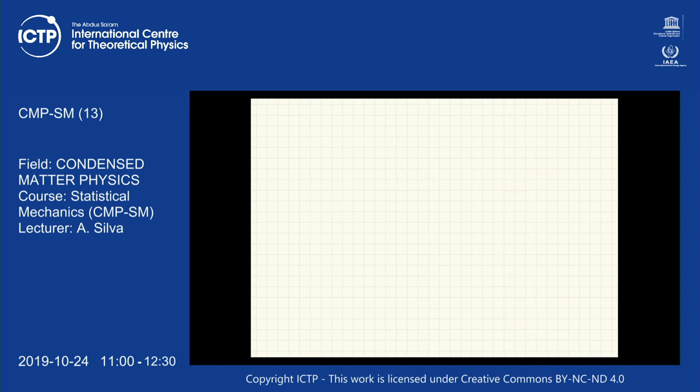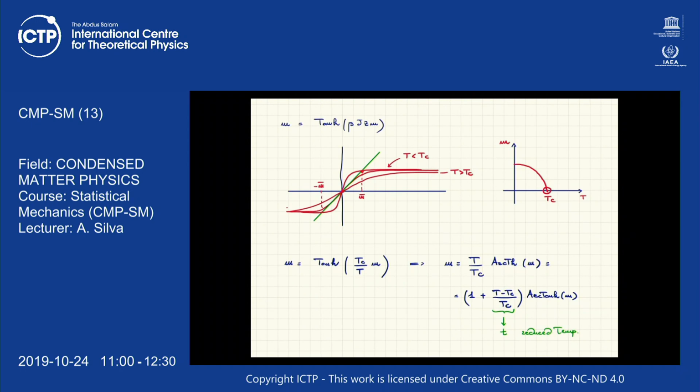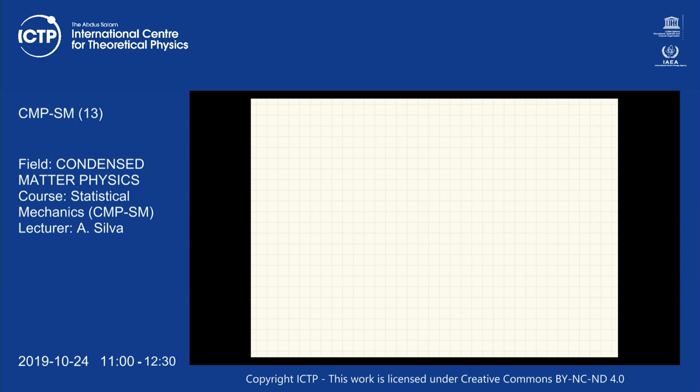So now you see that close to the critical point, close to Tc, m is small, goes to 0. Therefore I can expand this arctangent hyperbolic in power series, and I will get m equal to 1 plus t times the expansion of the arctangent hyperbolic, which is m plus m cubed divided by 3, and this I can just solve.